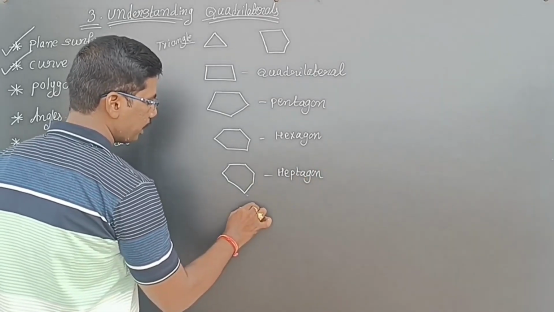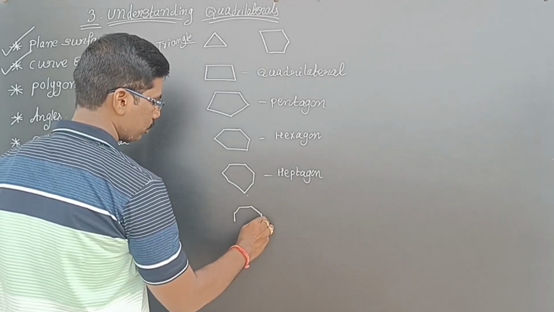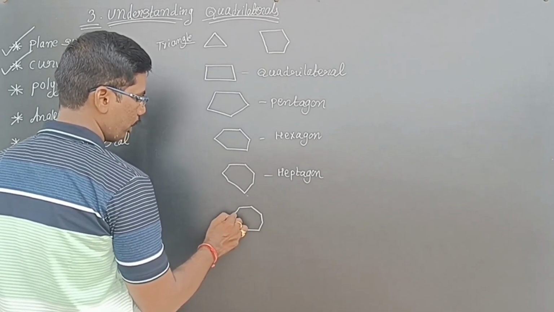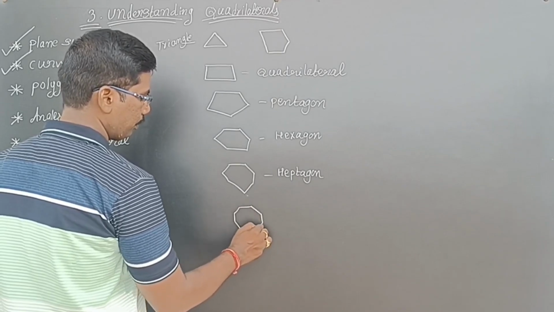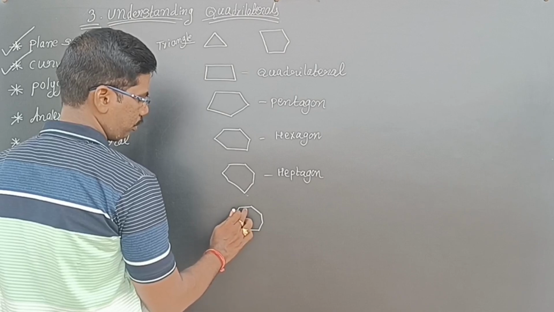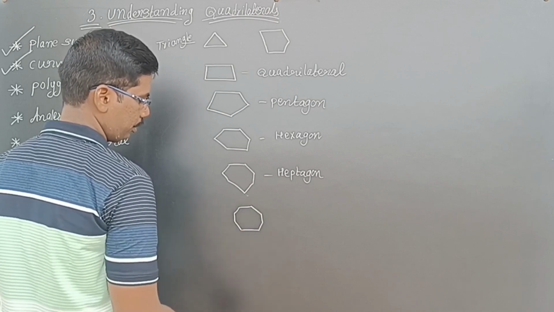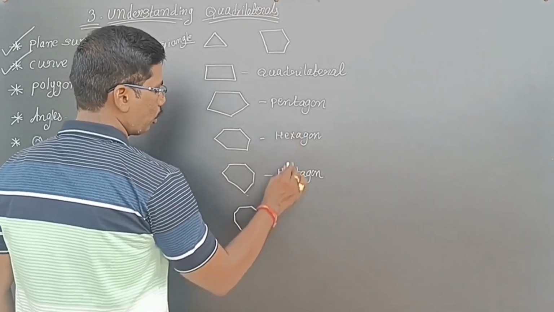A polygon with eight sides, 1 2 3 4 5 6 7 8, is an octagon.